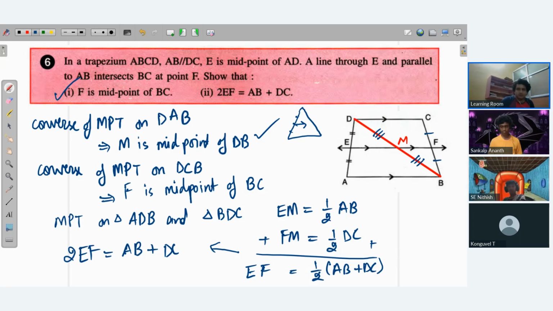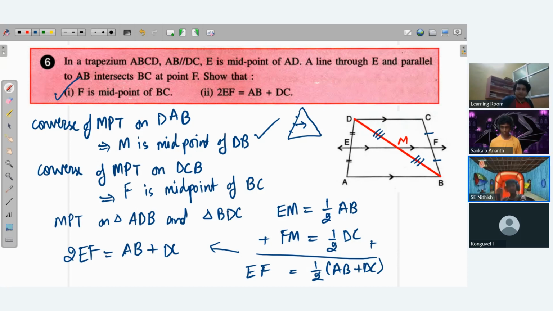Now let's see the next question. This also gives you a formula. Can you tell what the formula is? The length of the line segment starting from the midpoint is equal to half of the sum of the parallel sides.